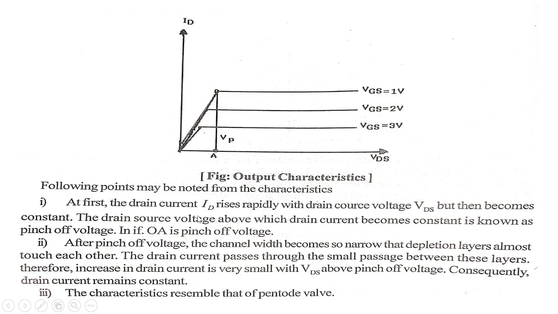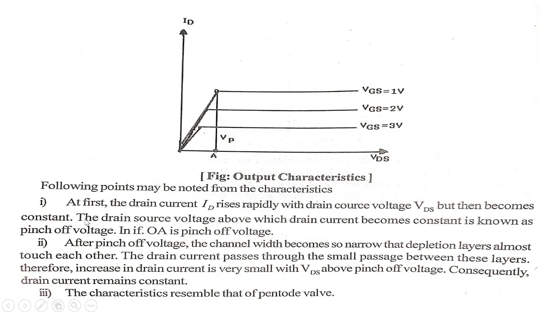At first the drain current ID rises rapidly with drain-source voltage VDS, but then becomes constant, as shown in the figure.